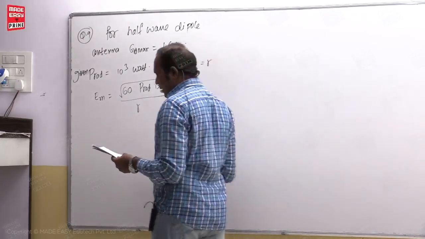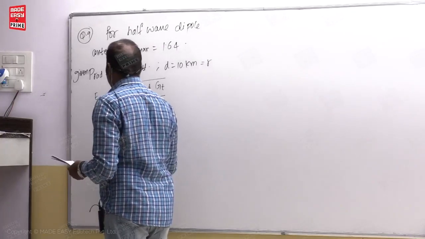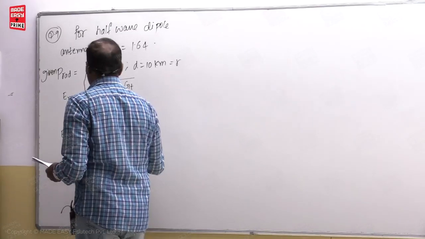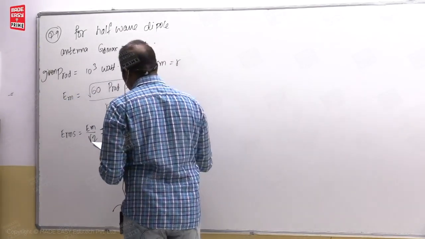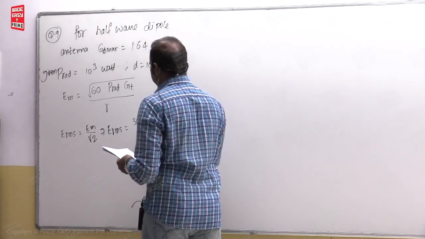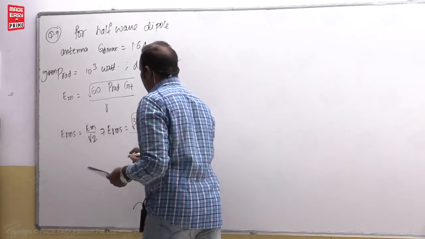So RMS is required, no? Then RMS is nothing but EM by root 2, that implies ERMS is equal to root of 30 into power radiated into gain, divided by R.